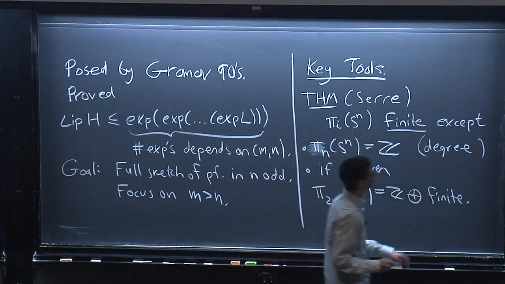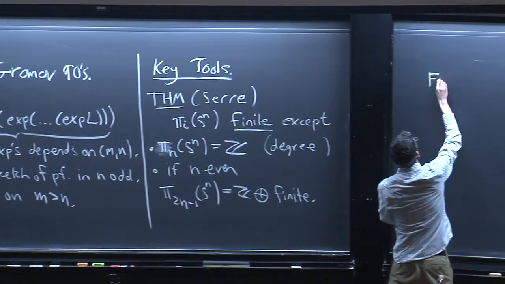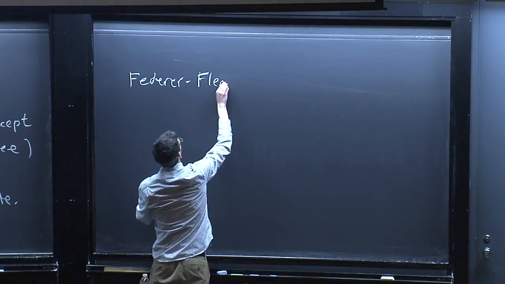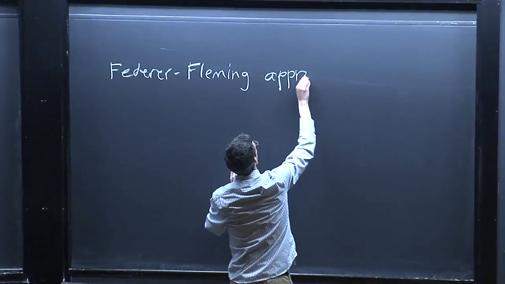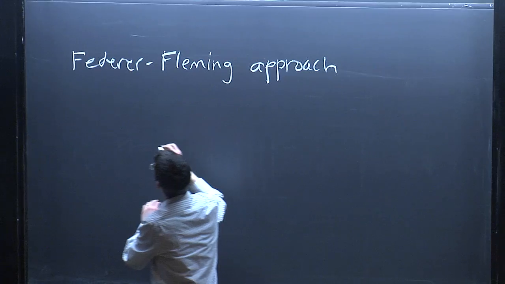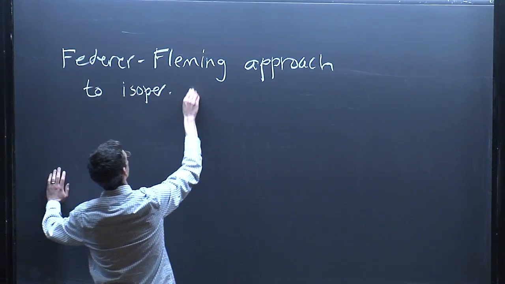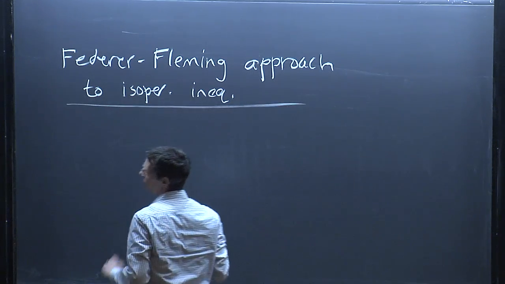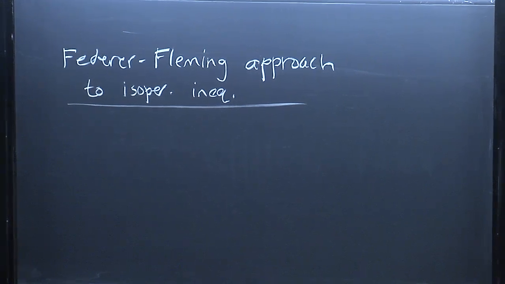And the other key tool has to do with the isoperimetric inequality. So I'll call it the Federer-Fleming approach to the isoperimetric inequality. So coming back to our theorem, this theorem looks like a kind of cousin of the isoperimetric inequality.